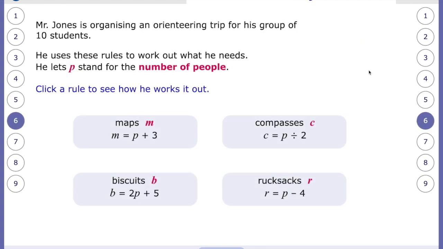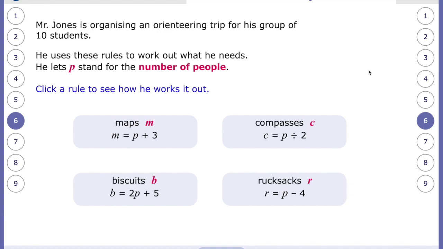So let's look at this. Mr. Jones is organising an orienteering trip for his group of 10 students. He uses these rules to work out what he needs. And again, he's using P to stand for the number of people. For maps, he's going to need the number of people going plus 3. For compasses, he's going to need the number of people divided by 2.